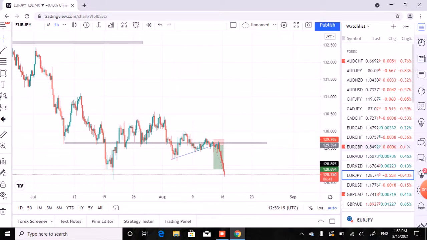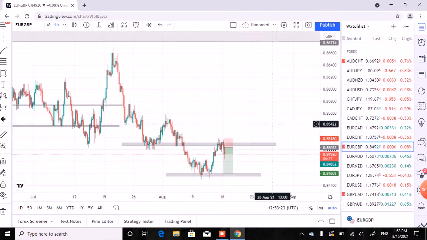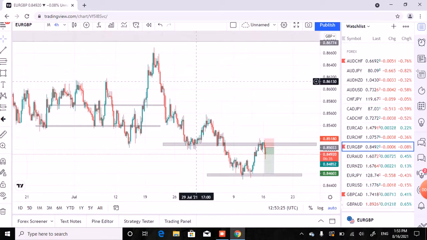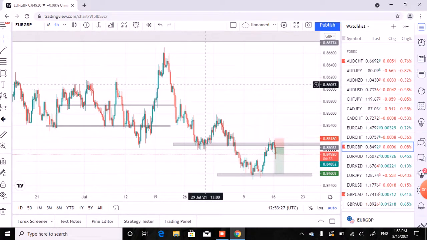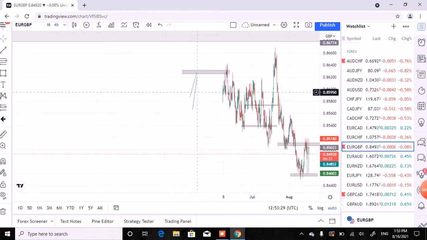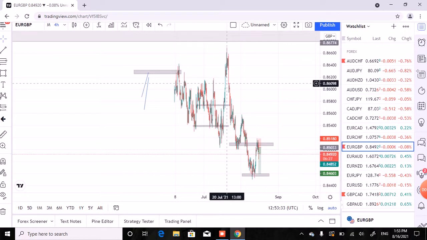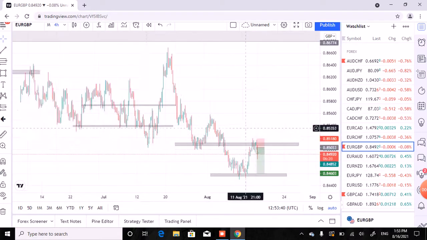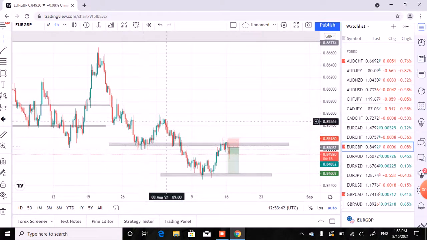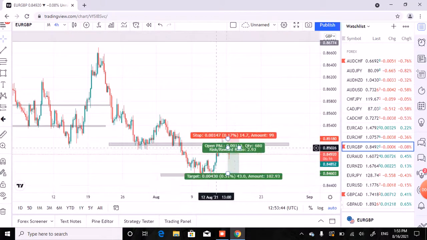Now moving on to the trade I am currently in right now, which is EURJPY. It's almost the same thing. On EURJPY, we are in a strong downtrend. Now I identified my support and resistance zone. So this was my support zone. Now price broke the support. I was expecting this retest.